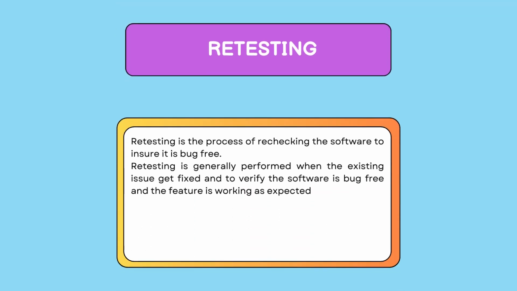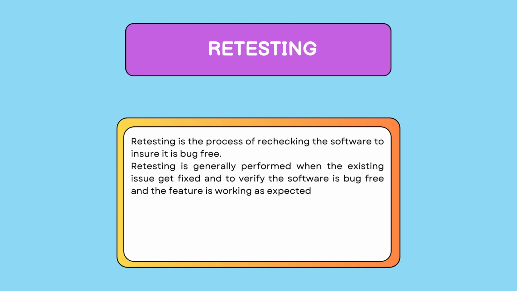Now let's move to the next term, that is retesting. Same as its name, retesting is the process of rechecking the software to ensure it is bug free. So if you tested something and you retest it again only to check whether the bug is fixed or not, then that means you are performing retesting.